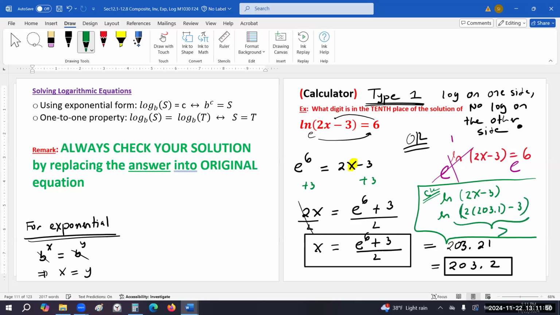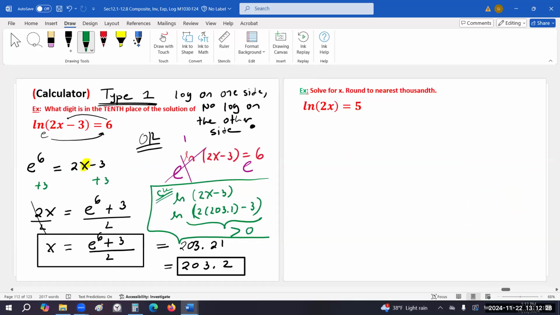This is definitely bigger than 0, so we accept our answer. 203 is definitely bigger than 3, so the answer is positive. And if it's positive, we accept that. Actually, the reality is that we have to substitute and then see if the left side equals the right side, but most of the time the number works if you don't get a negative inside the argument.